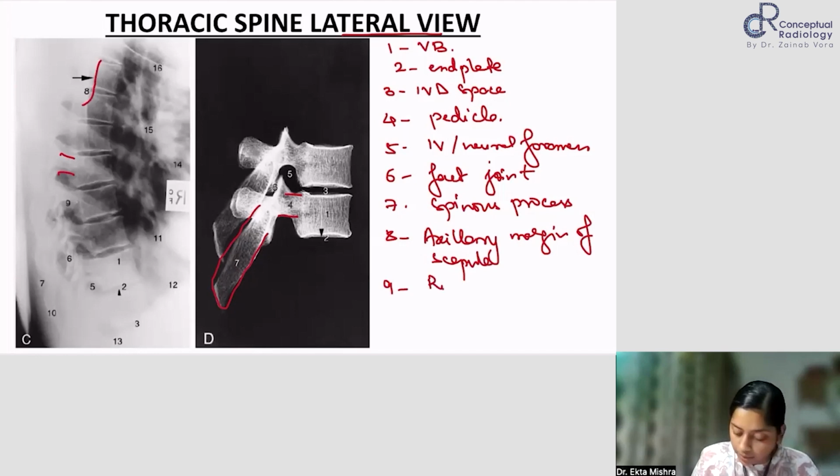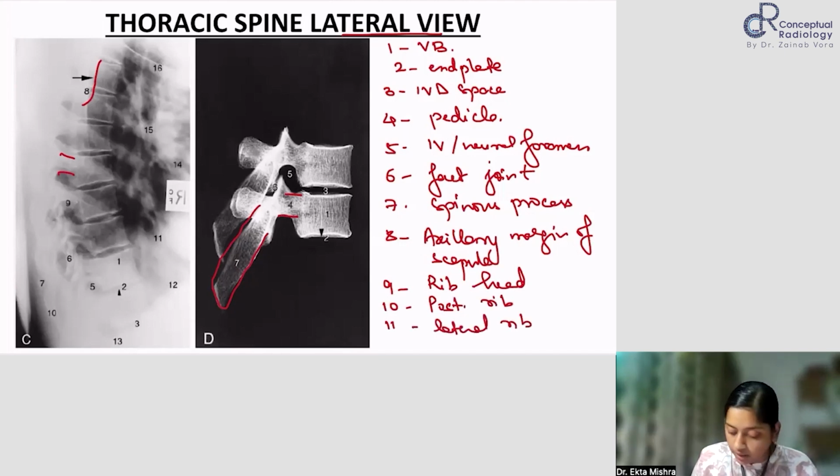Ninth is the rib head. 10th is again the part of rib, posterior rib. And 11th is the lateral rib. So rib is starting from the joint, the posterior rib and anterolateral. So here we see the posterior rib, the anterolateral rib and the rib head.